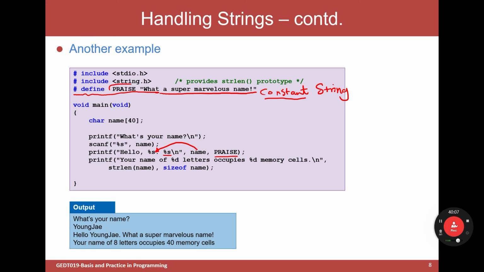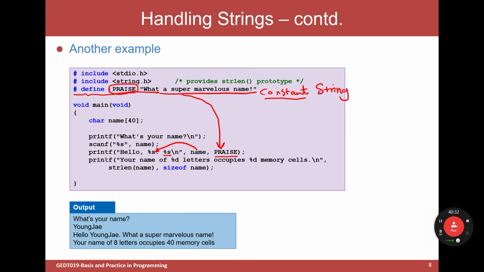Okay, so this one we call a constant string, and here is the name of the variable. This is what we call a directive. Define is the directive, and this one is the directive name, and it is equal to what is a super marvelous name. So this one will go here, this constant string.